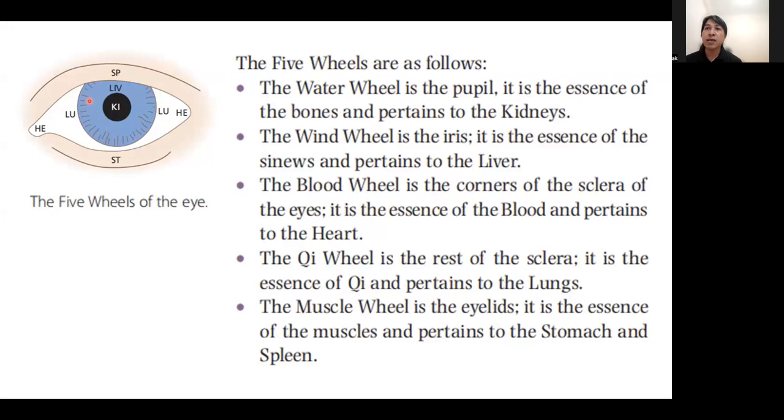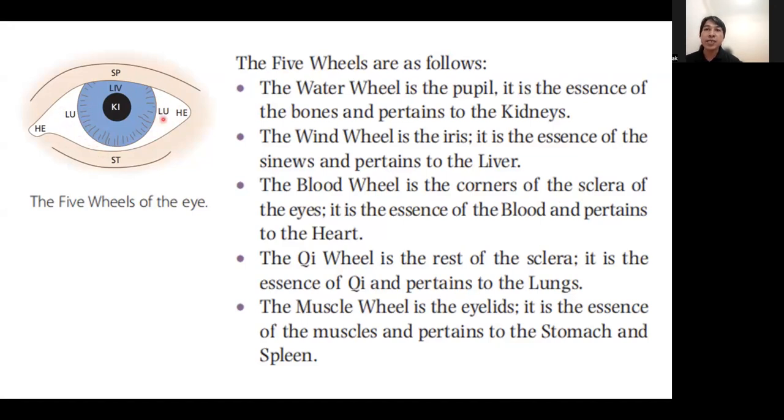Next, the blood wheel is the corners of the sclera of the eyes. It is the essence of blood and pertains to the heart. Next, the chi wheel is the rest of the sclera.